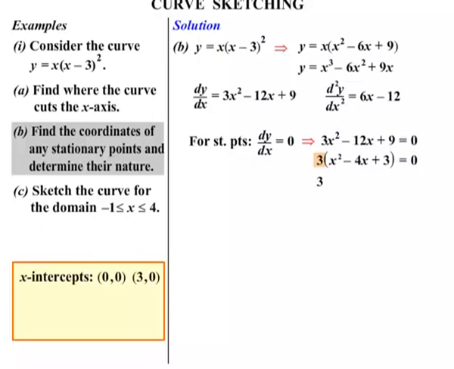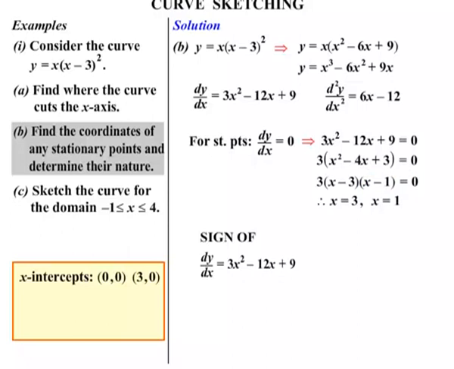Now we have a quadratic, so two brackets, x, and we're after factors of positive 3 which add to minus 4. Those factors are minus 3 and minus 1. So solving that, we get that x equals 3, or x is equal to 1.